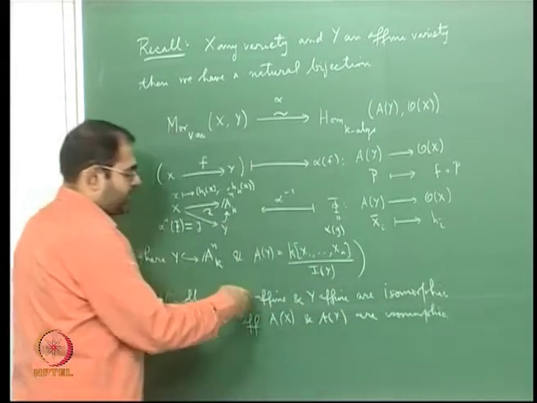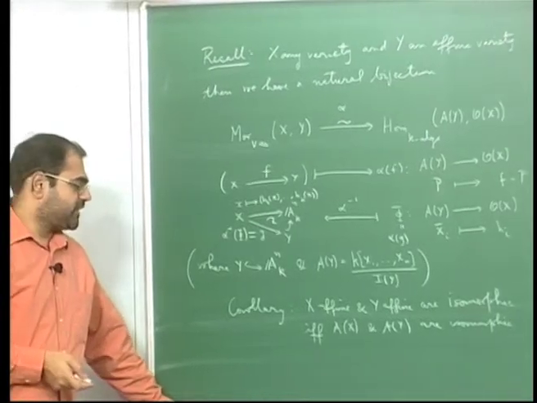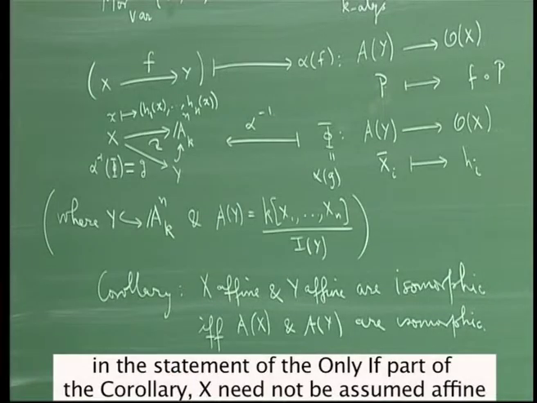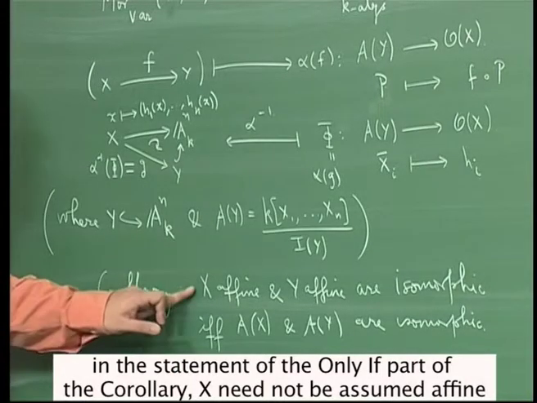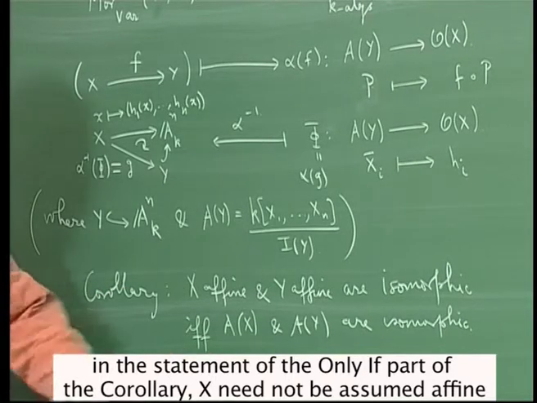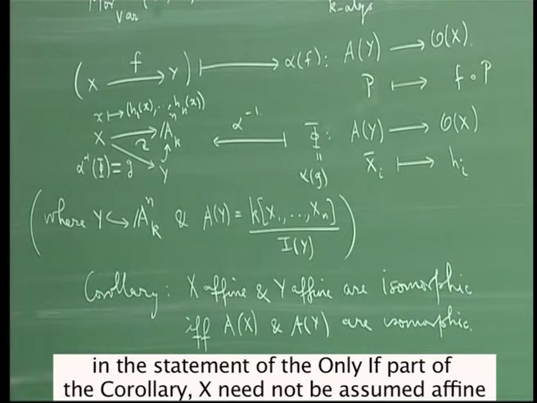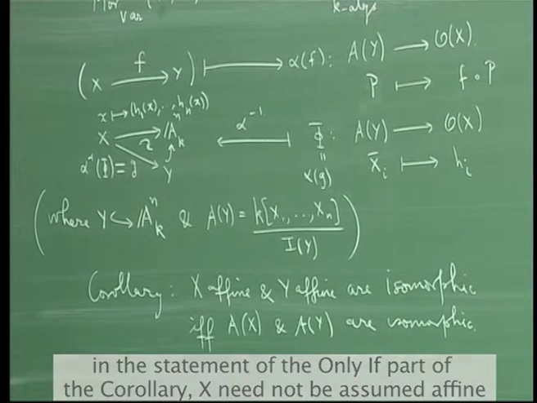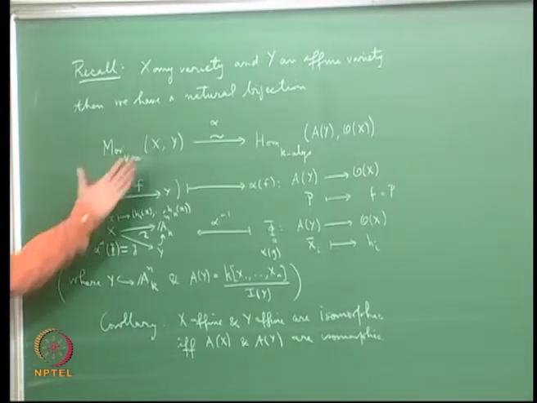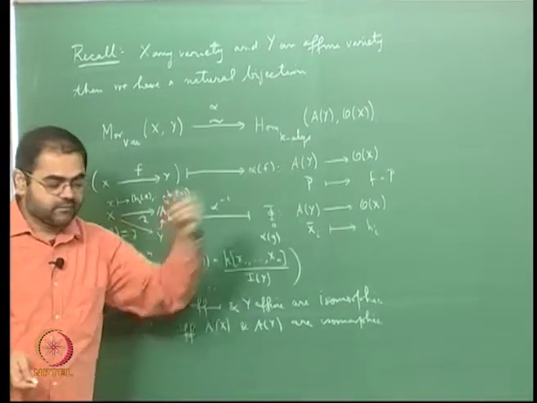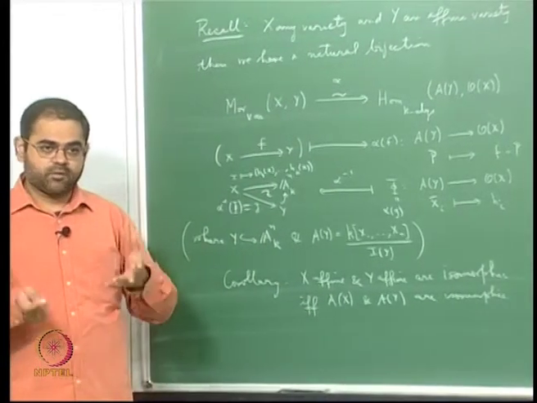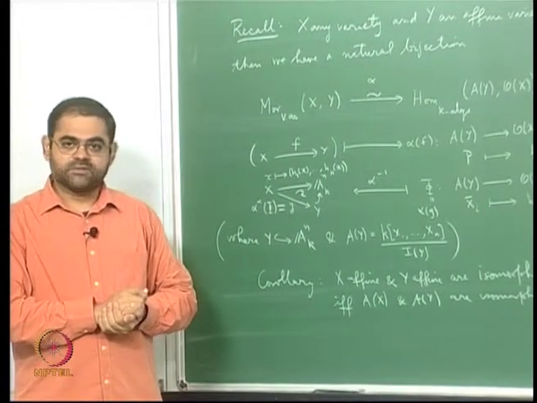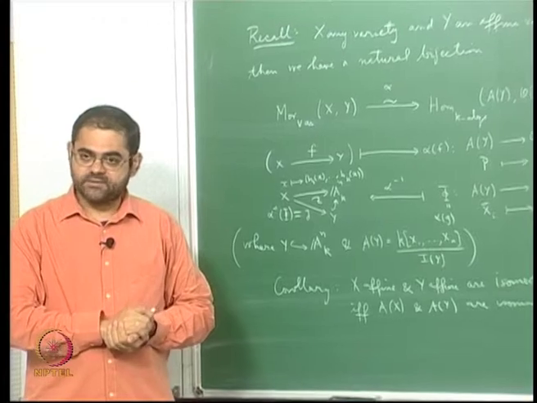Of course when I say x and y are affine and isomorphic, I mean isomorphism as varieties, and when I say Ax and Ay are isomorphic, I mean isomorphism as K algebras, okay. So two affine varieties are isomorphic if and only if their rings of polynomial functions are isomorphic as K algebras, okay.